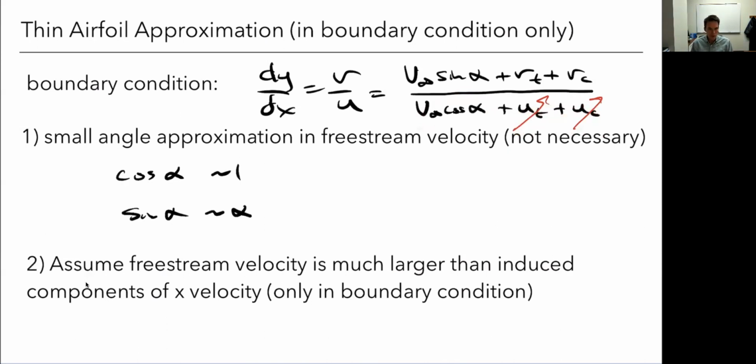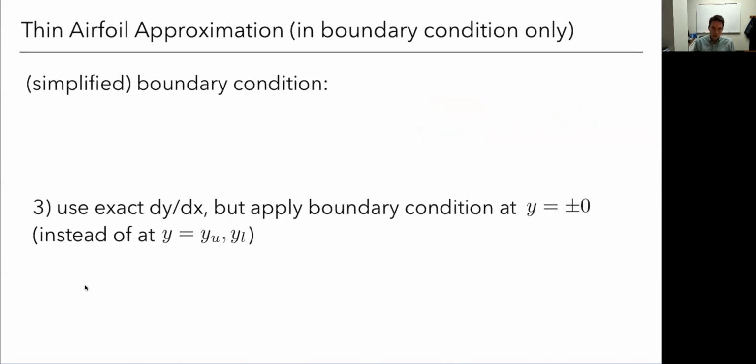Okay. The last thing we're going to do is, well, let me write out what we've done so far. If we go back, a bunch of terms were gone. So we're going to say v infinity, and remember we simplified, alpha plus vt plus vc.